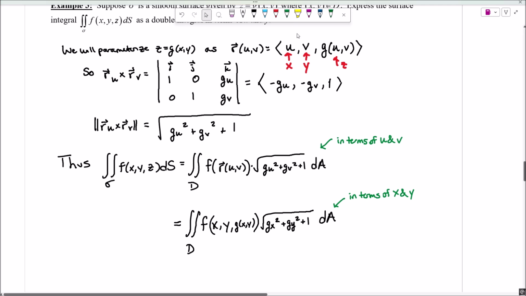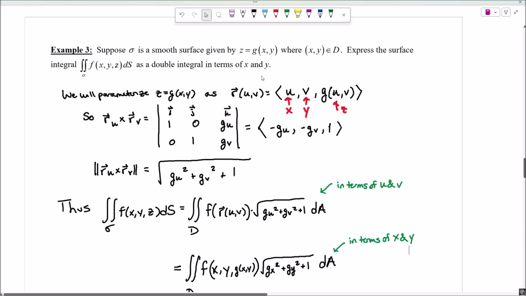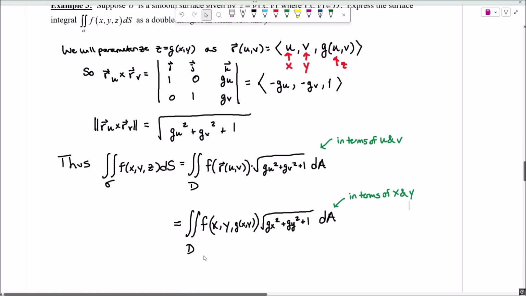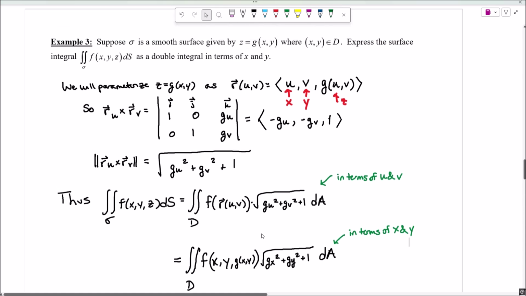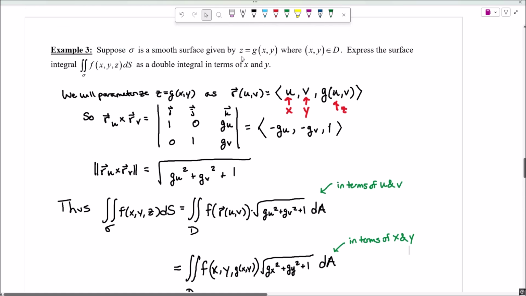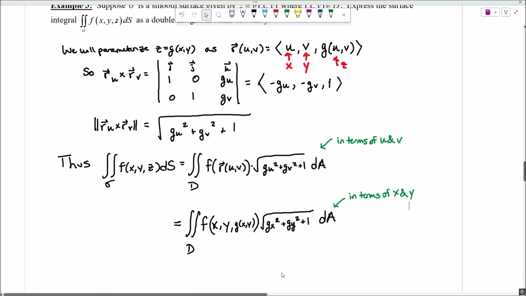The nice part about this is that if I think about the implication here, I already possessed all of the information necessary in the original stated question to set up this final integral, meaning that if I was dealing with a specific function, z equals stuff with x and y, to compute my double integral, I could completely skip creating a parameterization. I already know it will always come out just like this.